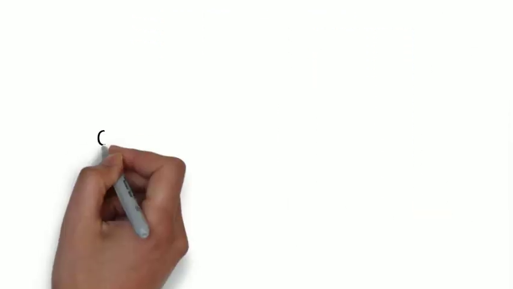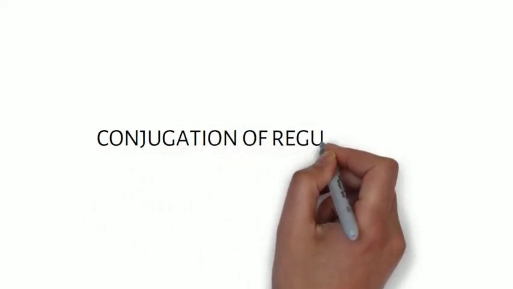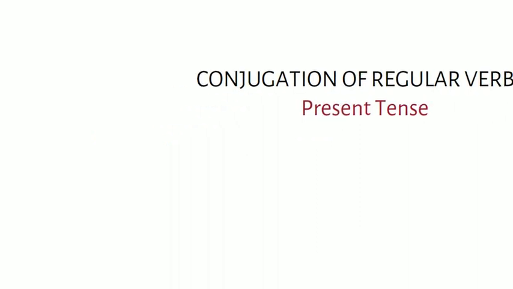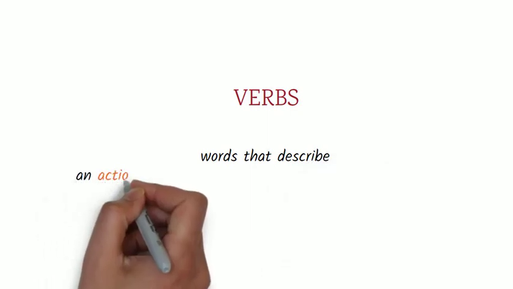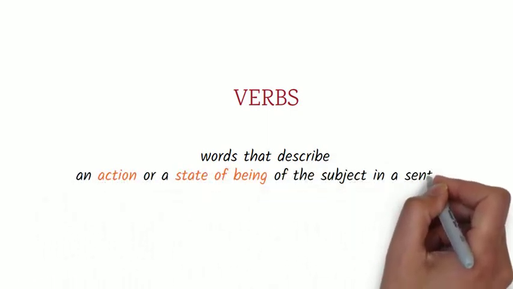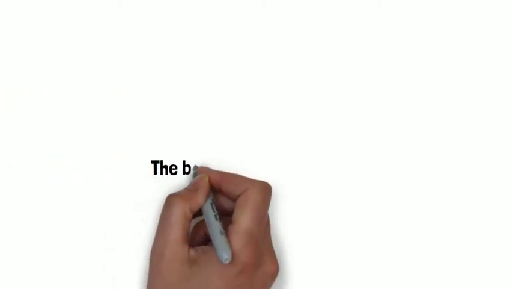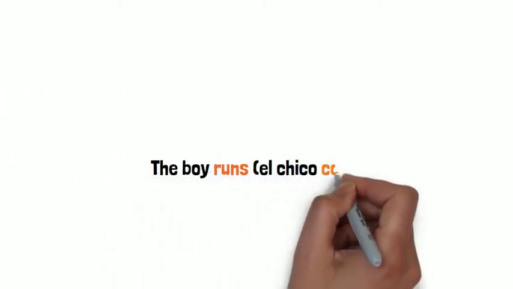In today's video, we'll be looking at the conjugation of Spanish regular verbs in the present tense. So what are verbs? Verbs are words that describe an action or state of being of the subject in a sentence. For example, the boy runs. El chico corre.